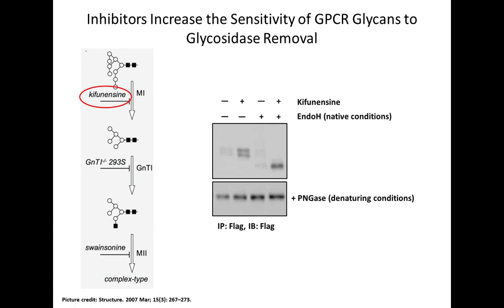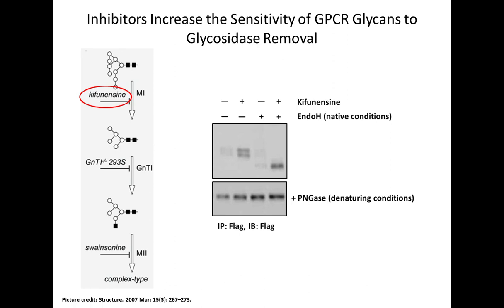Generally, to fully remove the glycans from receptors enzymatically with enzymes such as PNGase or EndoH, they have to be denatured. In contrast, oftentimes with this restricted glycosylation, the native proteins can be deglycosylated very efficiently, and they're still in their native form, by these enzymes.